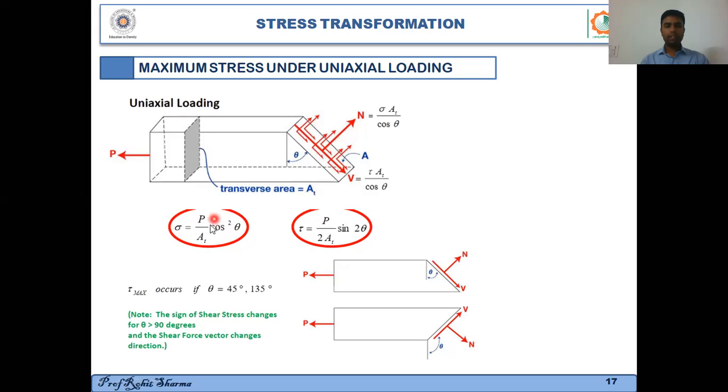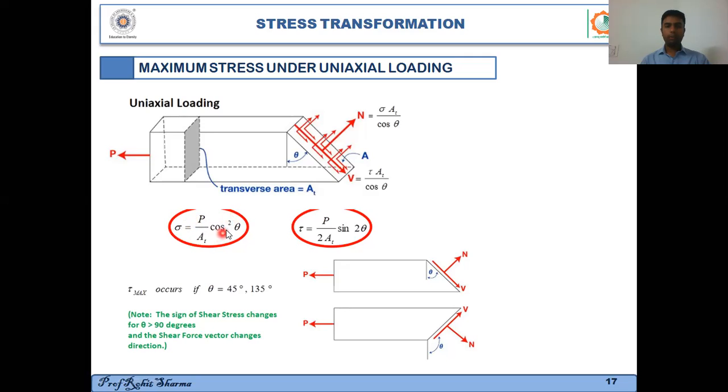So we have to maximize cosine square theta, and in order to do that, we have to maximize cosine theta. The maximum value of cosine theta is 1, and in that case theta will be 0 degrees, right?